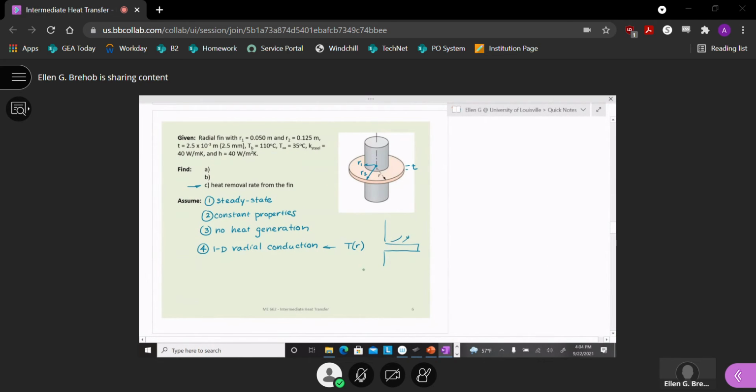Since I have convection off of this, maybe this is my R direction and a Z coordinate, that temperature might vary in the Z direction. But we're going to look at pretty thin fins. We usually have them of relatively high thermal conductivity. So at each location, we can describe temperature. I keep drawing these straight lines, but it's not cooling down at the edges. Our assumption is that the temperature is uniform at each slice in the R direction.